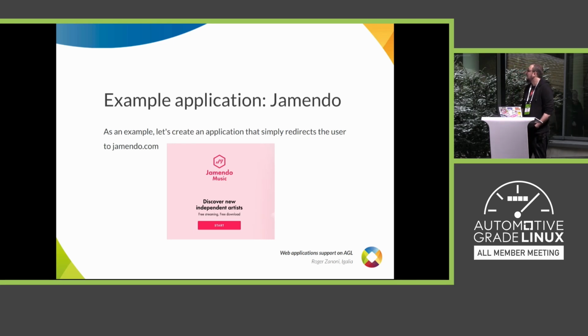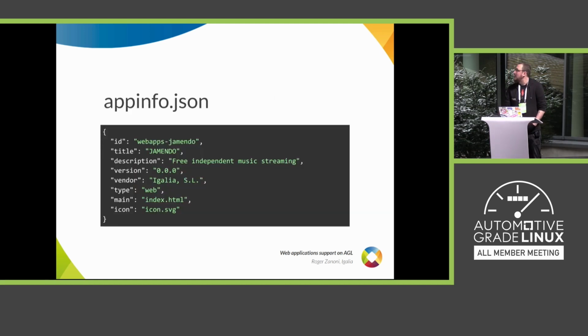As an example, we are going to make an application that just starts up and redirects the user to the Jamendo main page. It's just a music service for independent artists. And this is the app.info JSON file, which contains some metadata, and the most important ones here are the ID, title, type, and the main file.